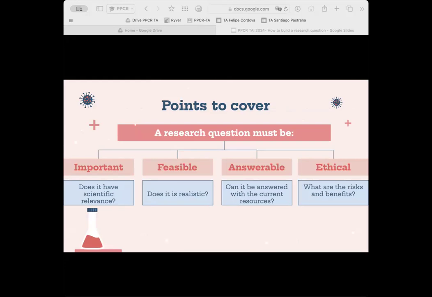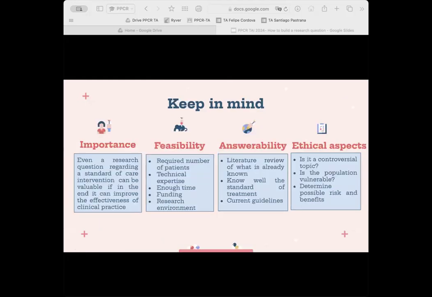Answerable: that means that new knowledge can only originate from questions that are answerable. And ethical: you always will have to keep in mind what are the risks and the benefits, if the population you are studying is vulnerable, what are the possible adverse effects, or if your intervention is harmful, you need to address all that.